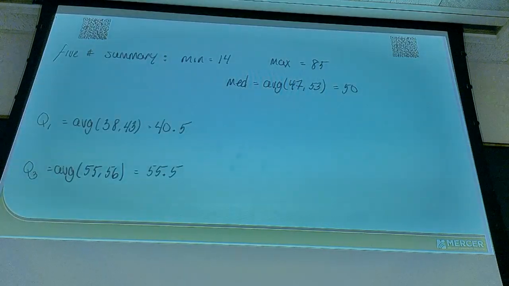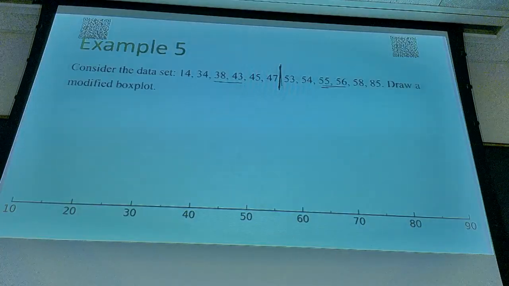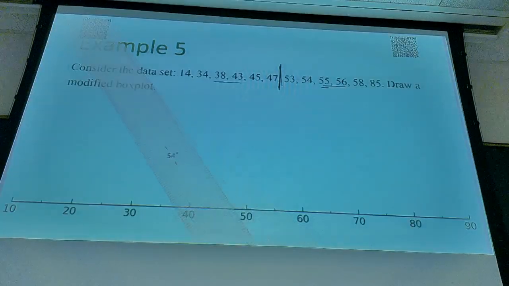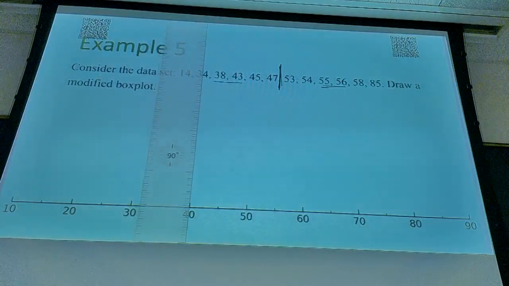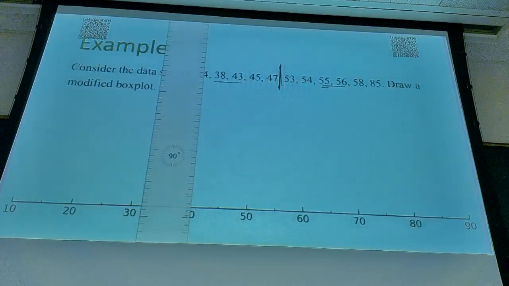Okay, so here's how I'm going to start. Q1 was 40.5. Maybe right there. Of course, I have to have straight lines, so I'm just going to use a ruler. Maybe right there looks like 48 and a half.